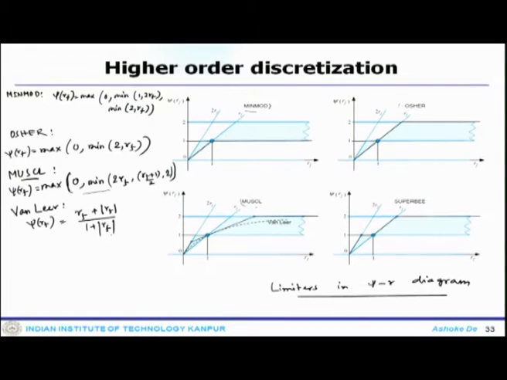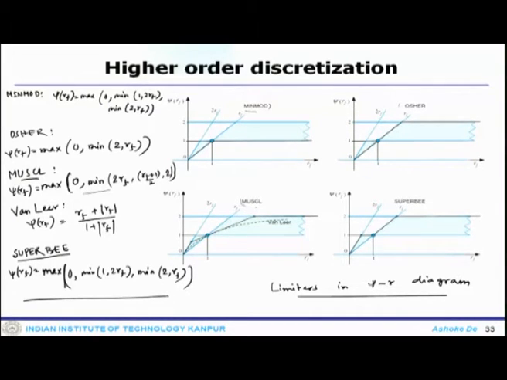So, that is Van Leer, and then Super B, which is psi Rf equals max of 0, minimum of 1 and 2 Rf, minimum of 2 comma Rf. So, this is how one can define these limiters, and they are presented in this diagram.